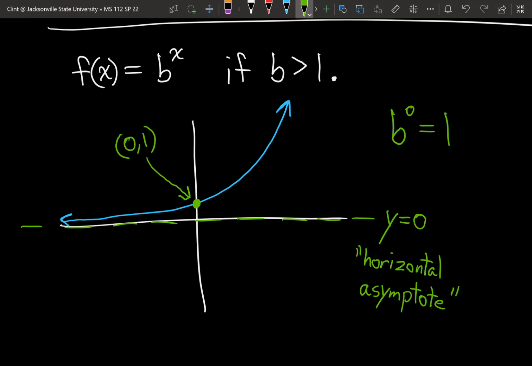That's our general shape. And the way I've got it drawn would be pretty zoomed in, because if you zoom out, we said these things grow really quickly. So if you zoom out a little bit, this thing's going to look like it's going almost straight up because it's growing so fast.